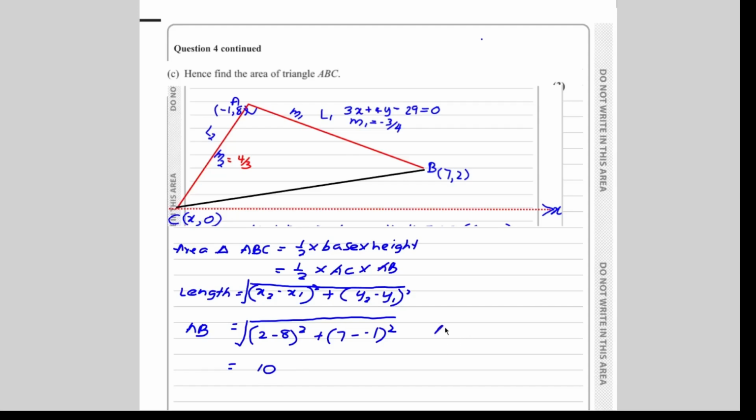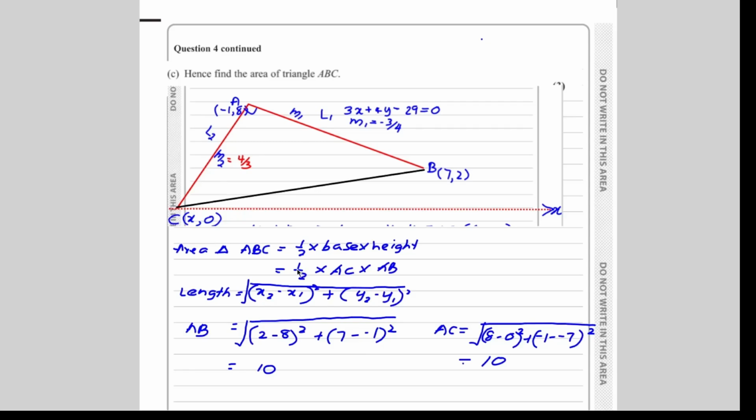Same way, AC equals, once we plug in the values, 8 minus 0 squared plus minus 1 minus 7 squared, we are getting 10 there. Then they are same sides.